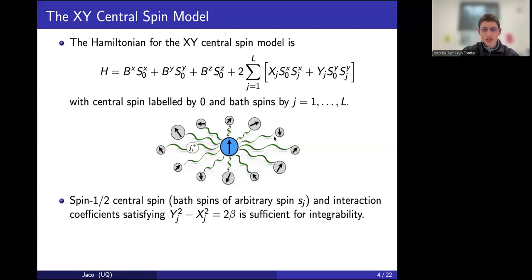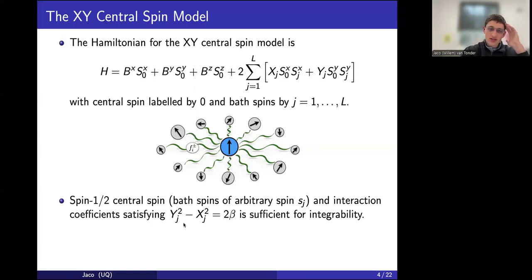The model is integrable if the interaction coefficients satisfy this relation. So y squared minus x squared is equal to some constant, where beta here is called the anisotropy parameter.